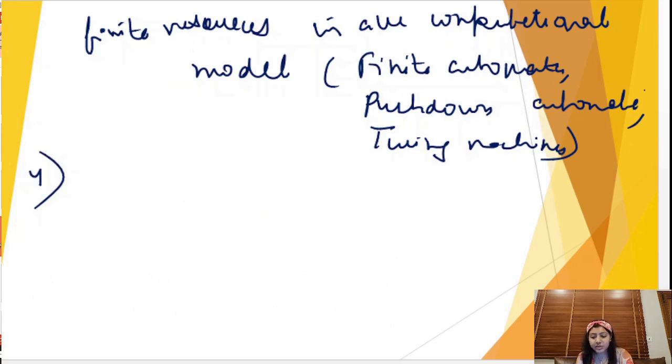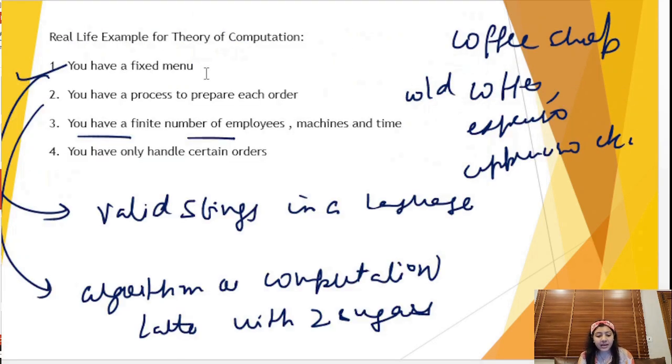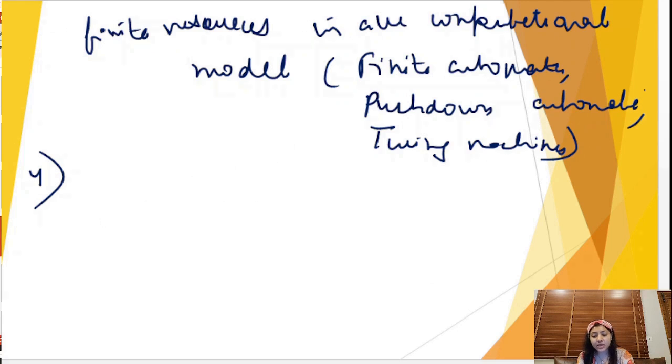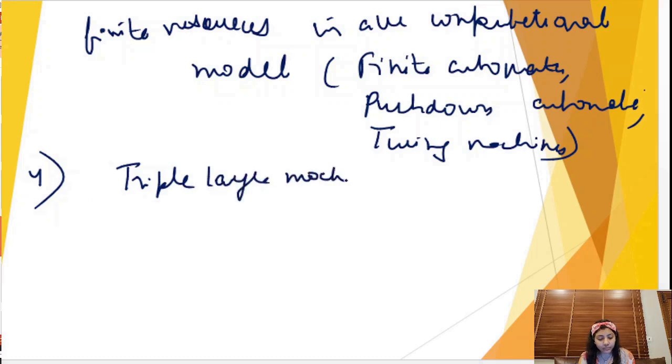The fourth rule says that you can handle only certain types of orders. Now, if a customer, let's say, asks for a triple layer mocha, right? This kind of coffee is not mentioned in our menu, but the customer tries to place an order for it.